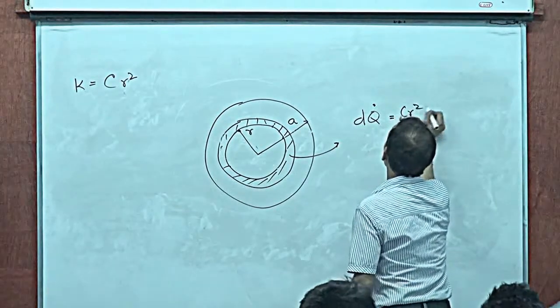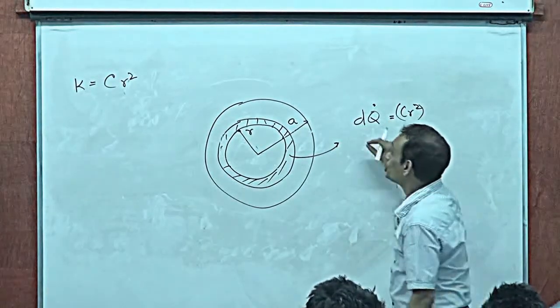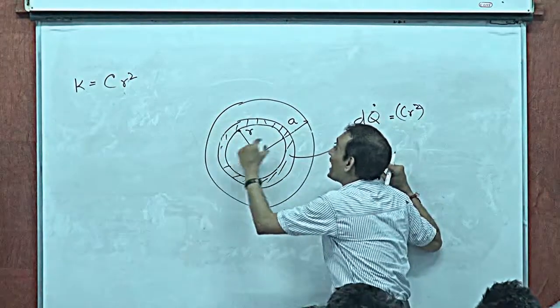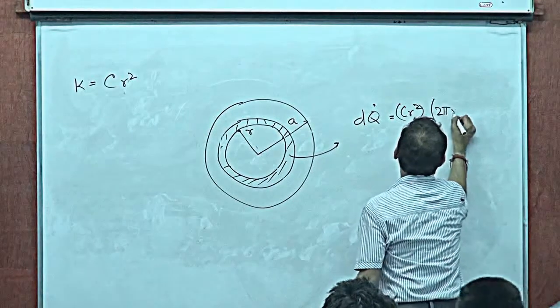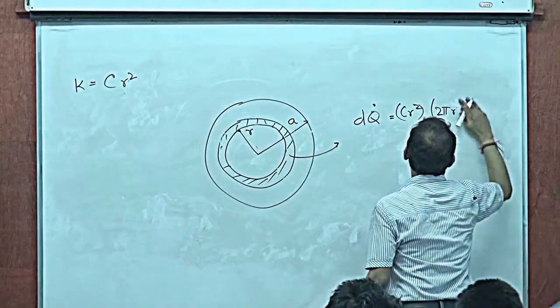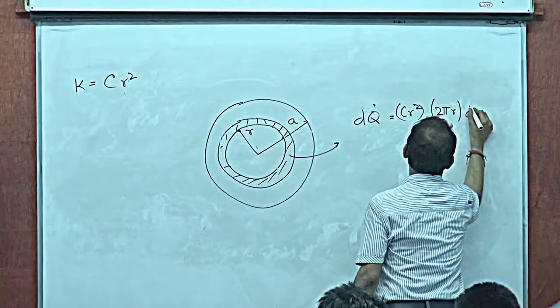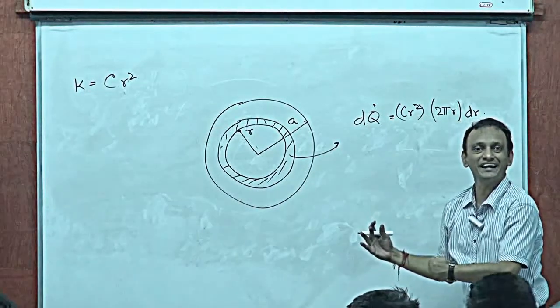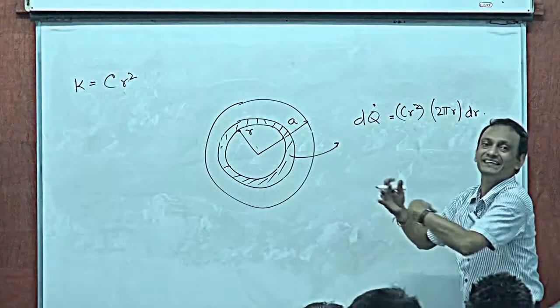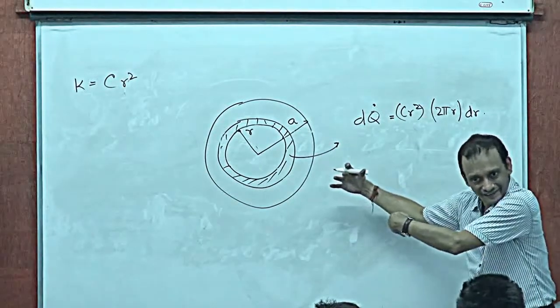K, which is C r squared, into area, which is 2 pi r dr, K A, into the temperature gradient, d theta dl, where L is along the length of the cylinder.